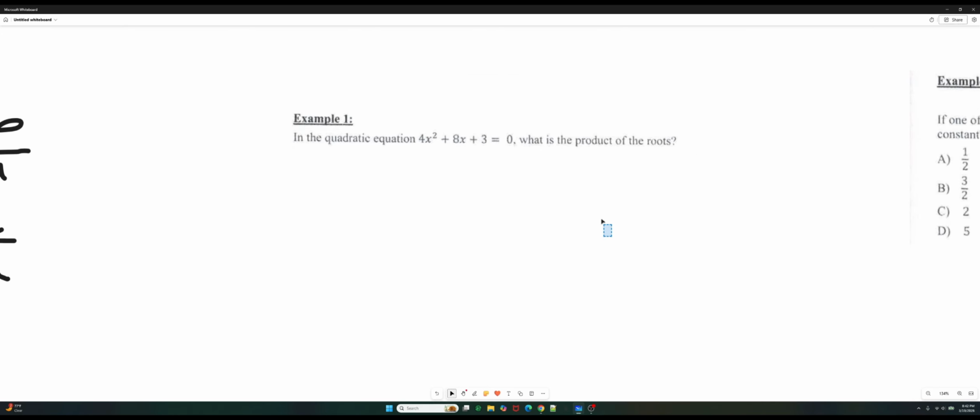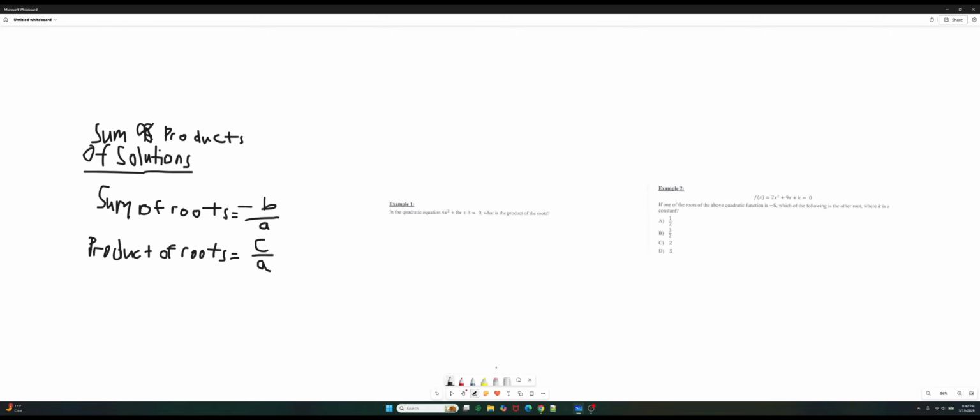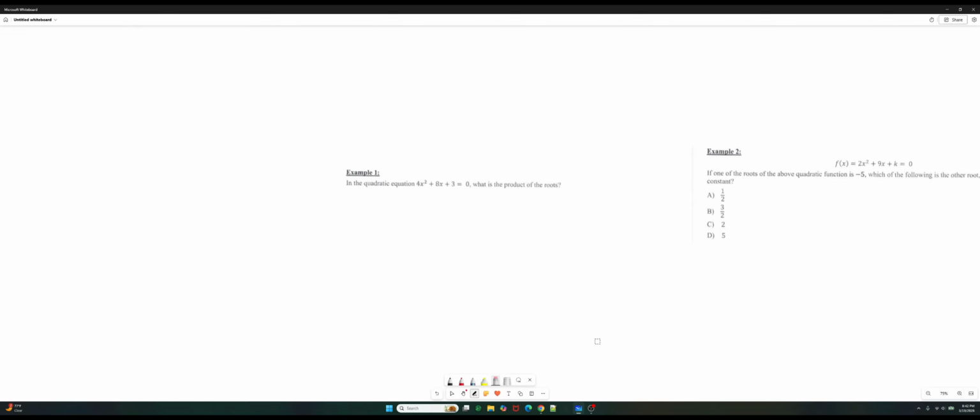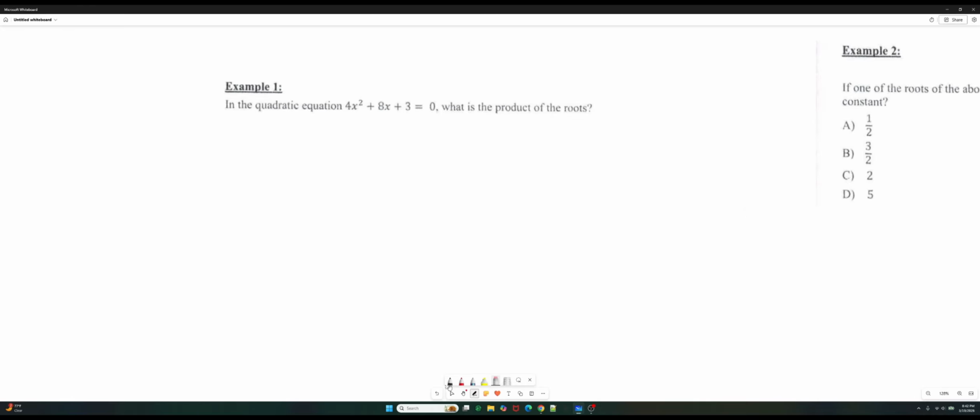Zoom in. So it's asking us, in the quadratic equation 4x squared plus 8x plus 3 equals 0, what is the product of the roots? So what's the formula for the product of the roots?